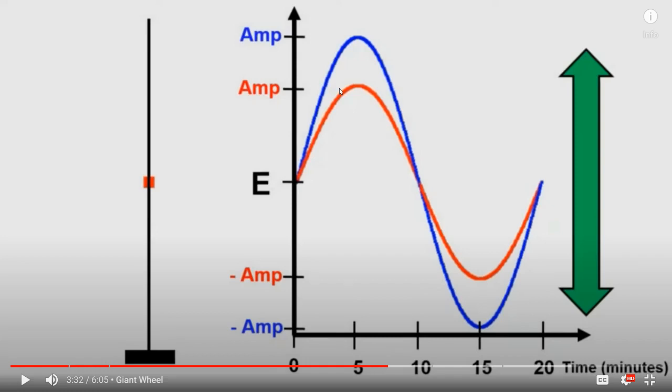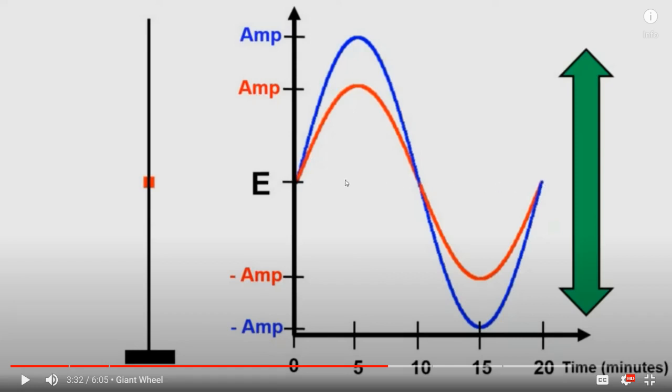Period directly relates to frequency, okay? The period of a wave is the time it takes to complete one full cycle. So in this particular example, the period of this wave is 20 minutes.